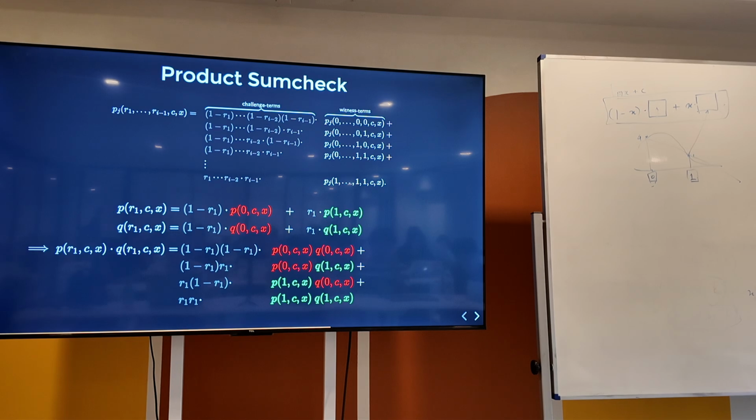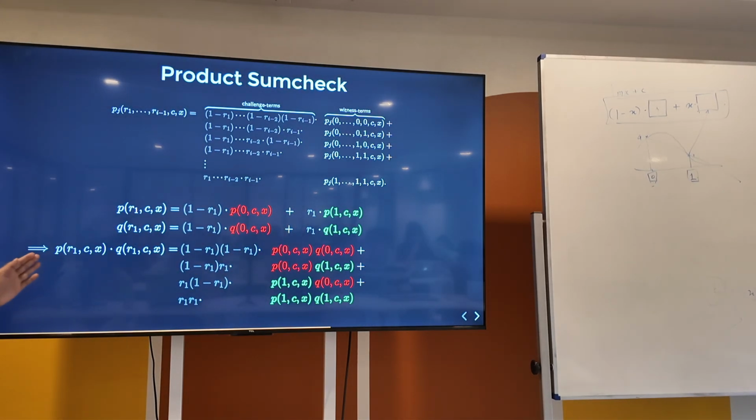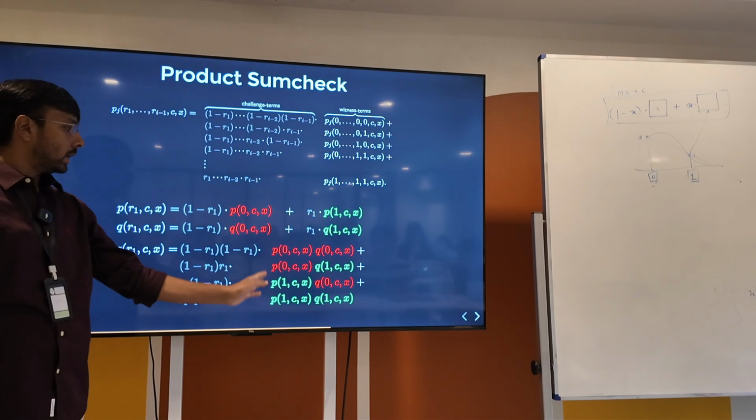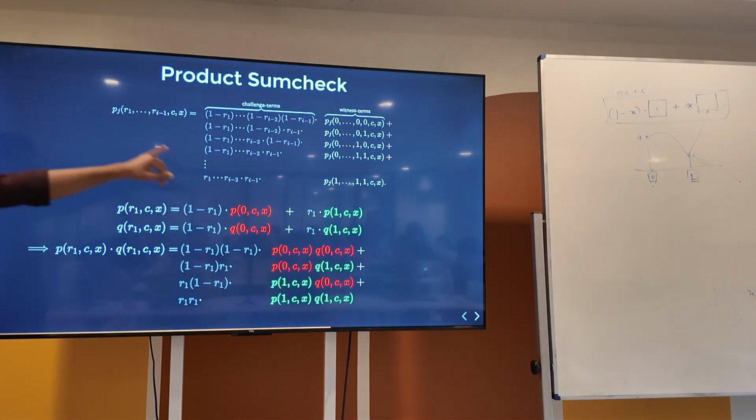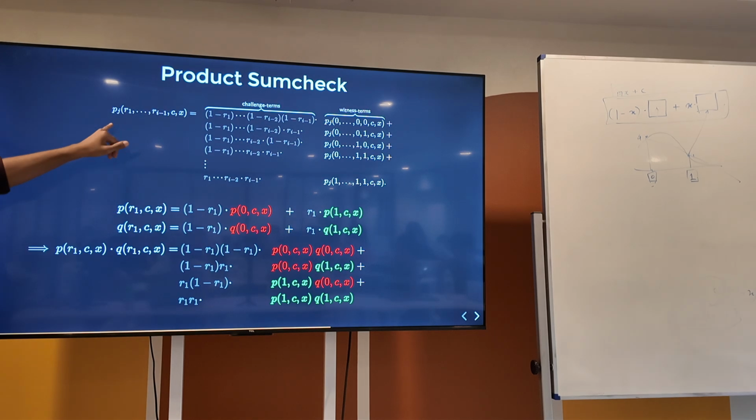Let's go ahead. What we are going to do next is figure out how to generalize this Karatsuba trick and reduce the number of multiplications. One thing we realized is we can separate out the challenge terms and separate out the witness terms, just like I've shown here. If you have multiple polynomials like this, you can do the naive multiplication, called schoolbook multiplication.